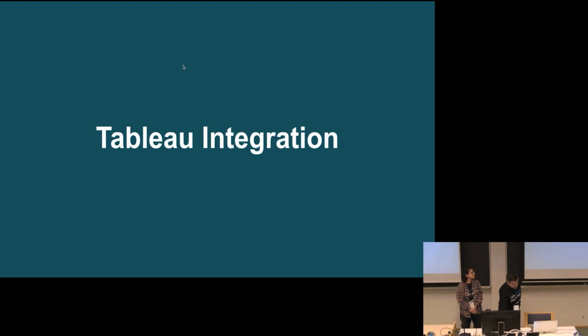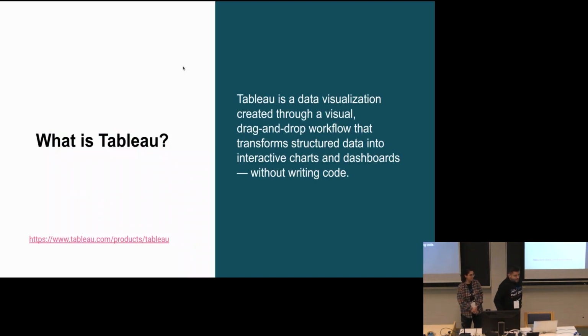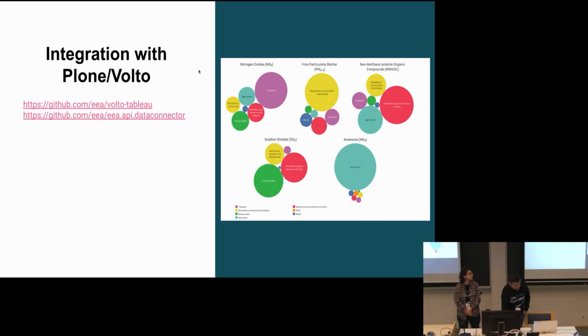Now about Tableau integration. Tableau is a platform where you can create interactive charts and dashboards without knowledge of coding. We can integrate this into Volto and display all sorts of visualizations. Here we have the GitHub repo.